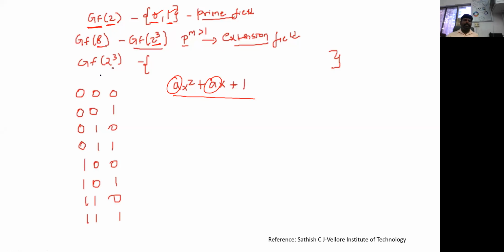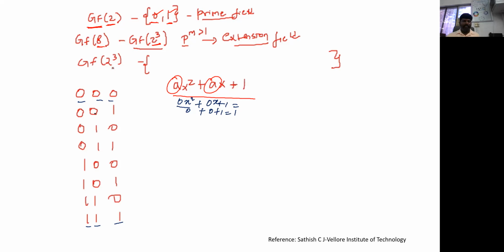So there are 8 combinations, which will start from 0, 0, 0 to 1, 1, 1. If I substitute all the values instead of the variable a, what I'll get: 0x square plus 0x plus 1. 0 into x square gives 0, plus 0x plus 1, we get the result 1.